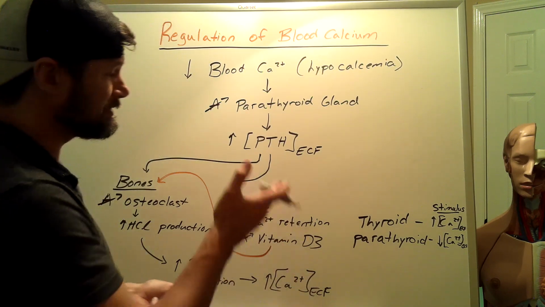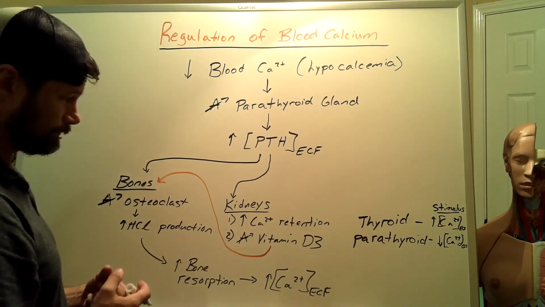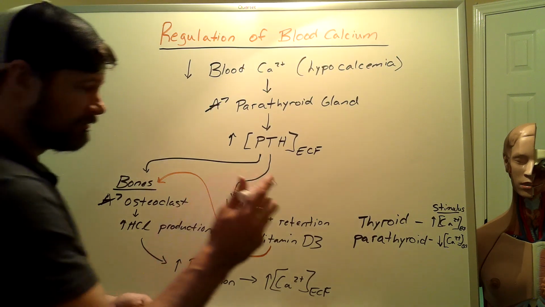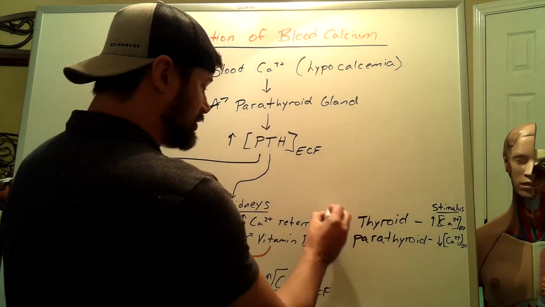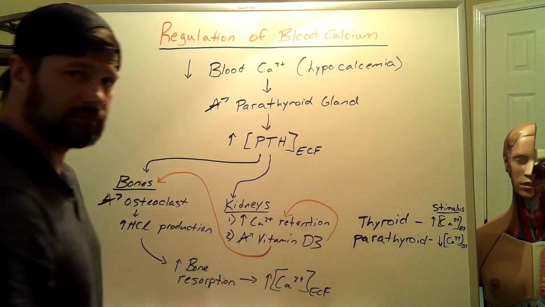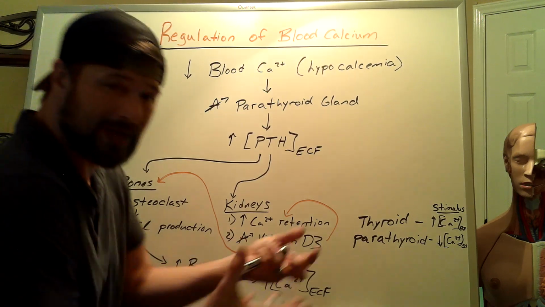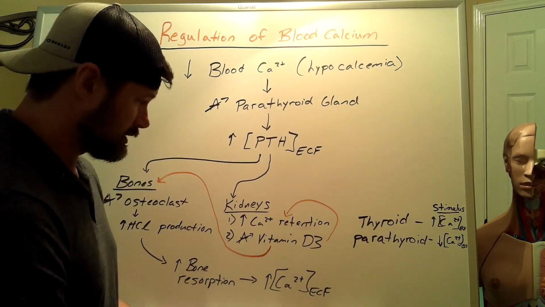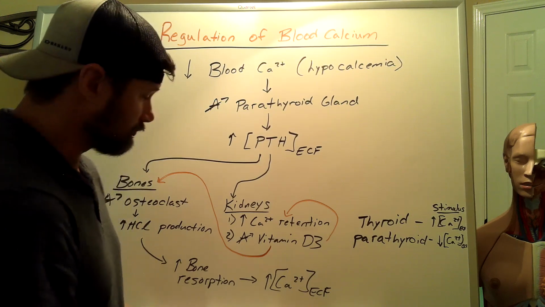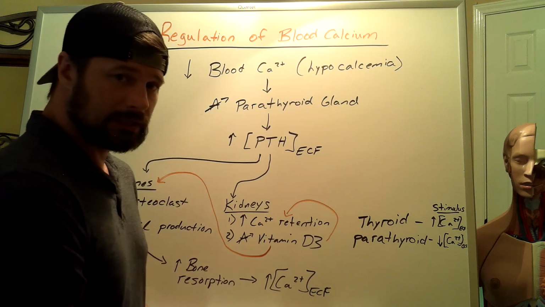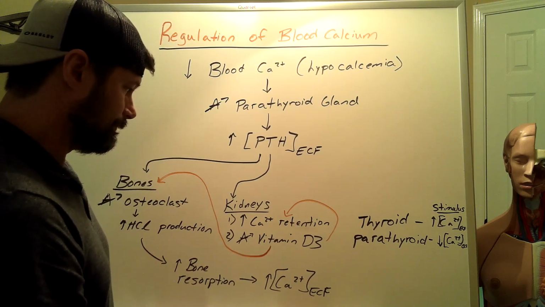More so than just PTH alone. Does that make sense? Vitamin D3 also acts on the kidneys itself. So vitamin D3, even though it's secreted by the kidneys, also acts on the kidneys. What does that tell us? The kidneys have receptors for vitamin D3, and it's going to try to do everything it can to increase calcium retention.